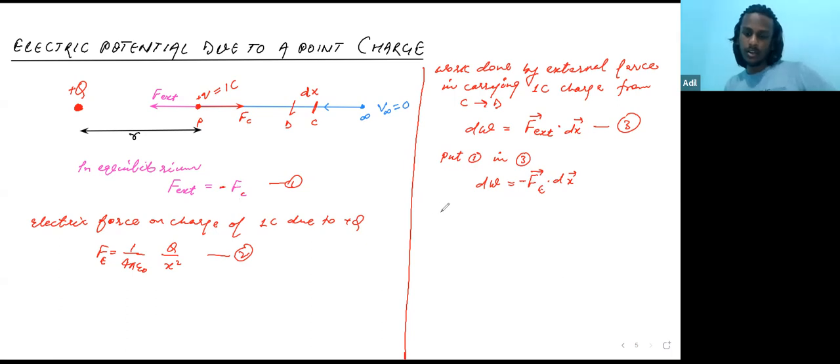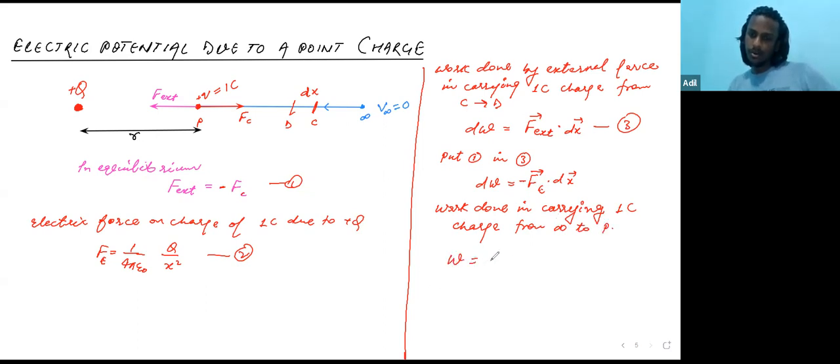Now, what is the work done in carrying one coulomb charge from infinity to point P? We know W is equal to the integral from infinity to R of minus F of electric dot dr. Now you can put all of the given values from infinity to R. What is your F electric here?